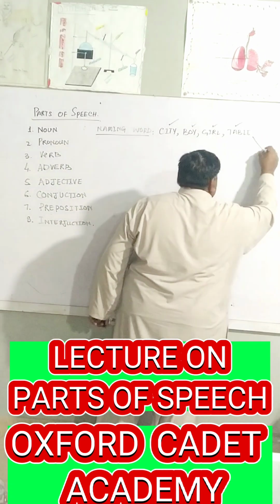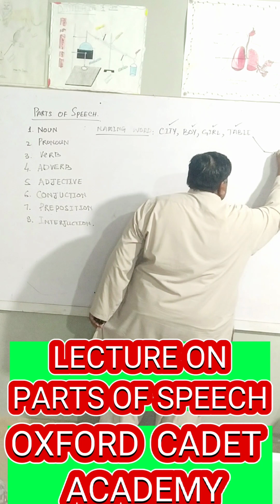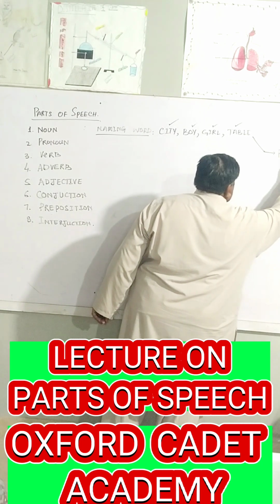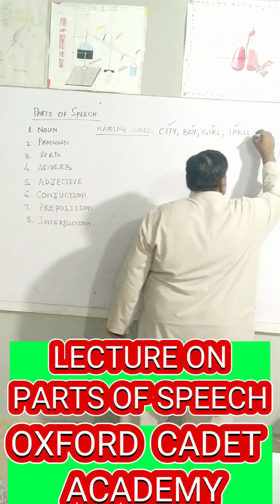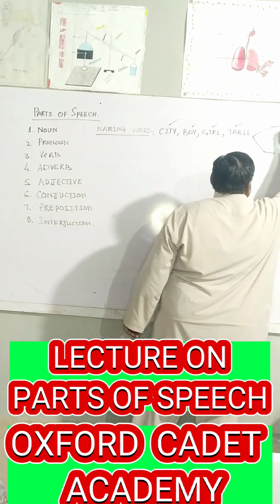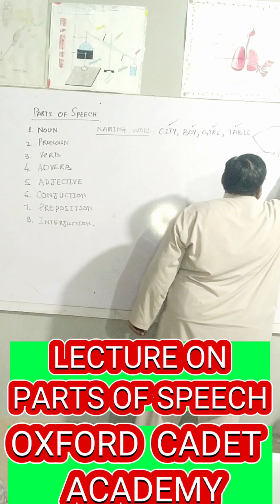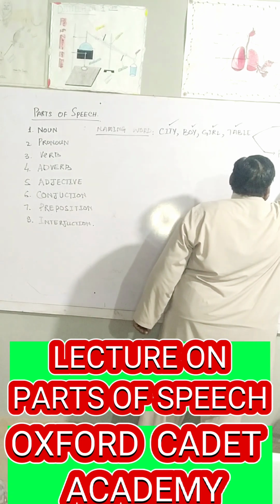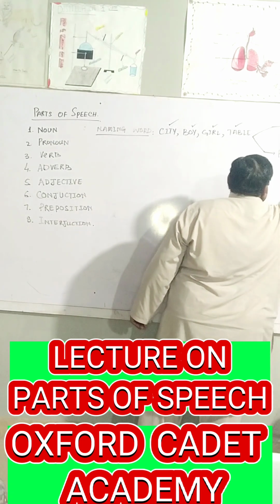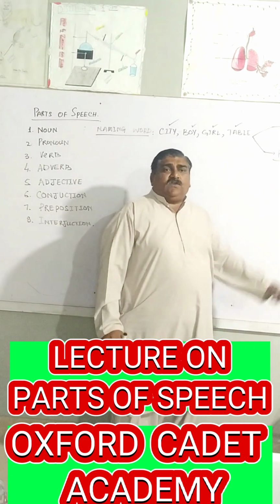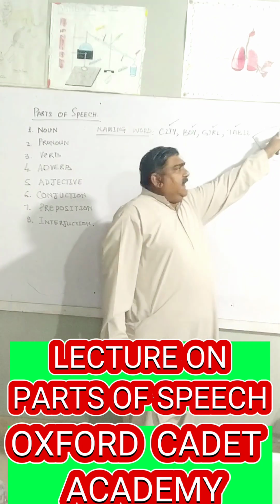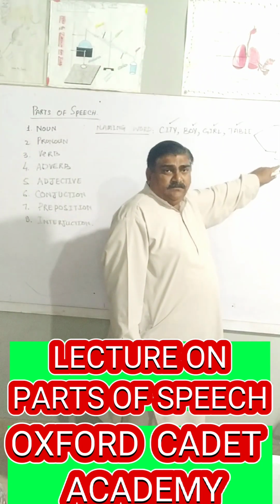So the two major types are proper noun, very famous types, right? Yes, sir. And second one is common noun. The generic name or the general name is called common noun and a special name is called proper noun.